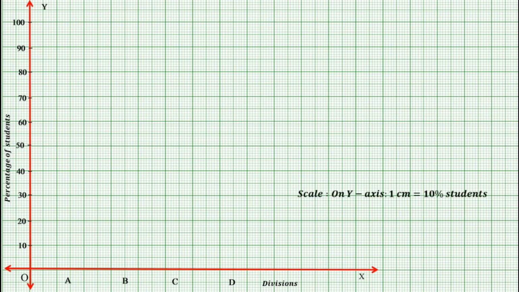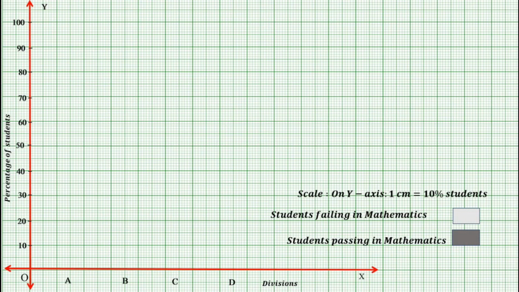So we have to mark out the scale. On the y axis, 1 centimeter represents 10% of students, and here we selected the colors of the bar graph: students failing in mathematics are the white indicator, and students passing in mathematics are gray in color.